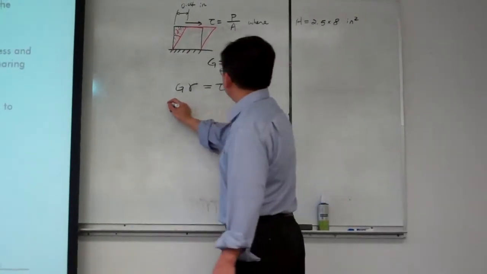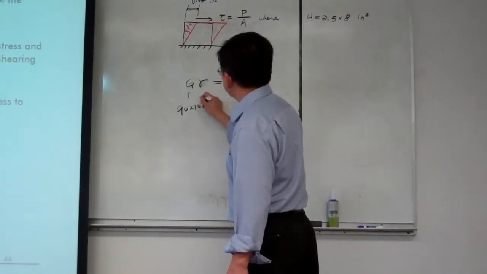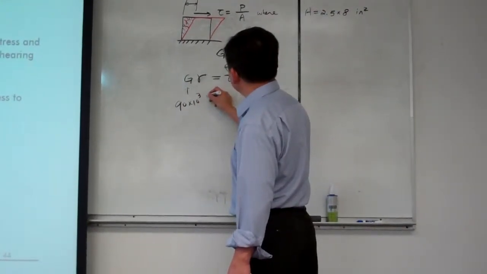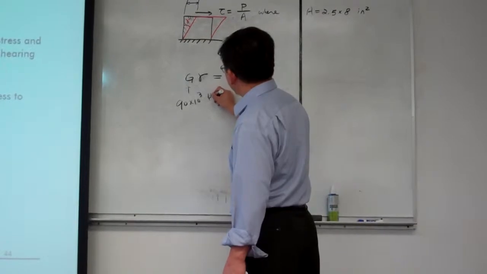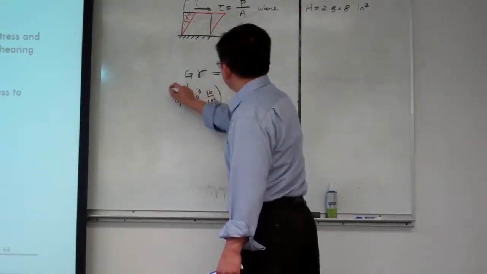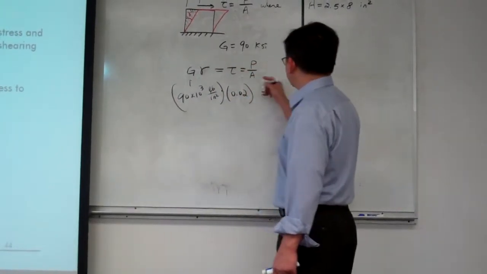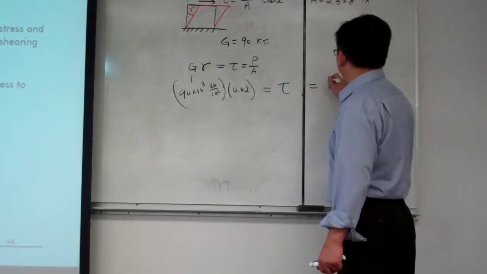So here the G equal to 90 times 10 to the 3 PSI. PSI is pounds per inch square. And times gamma, we calculated is 0.02. So tau equal to P over A.